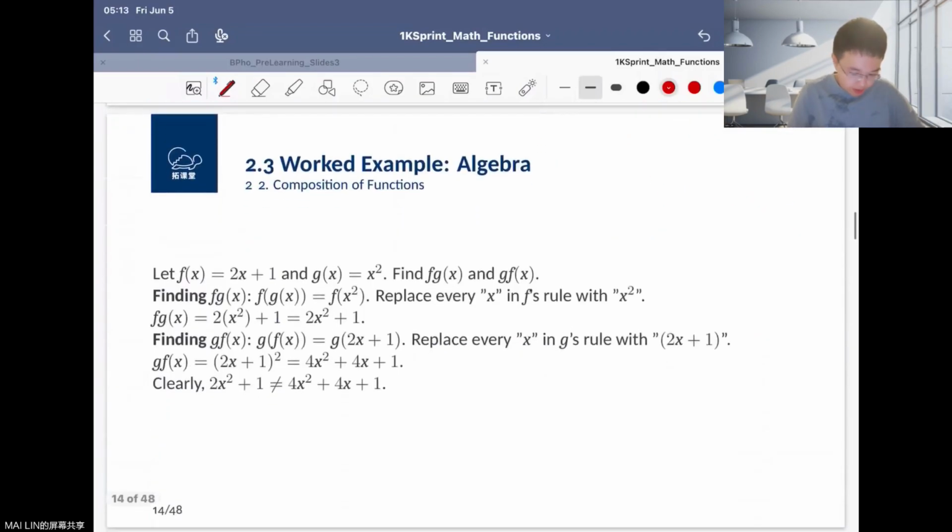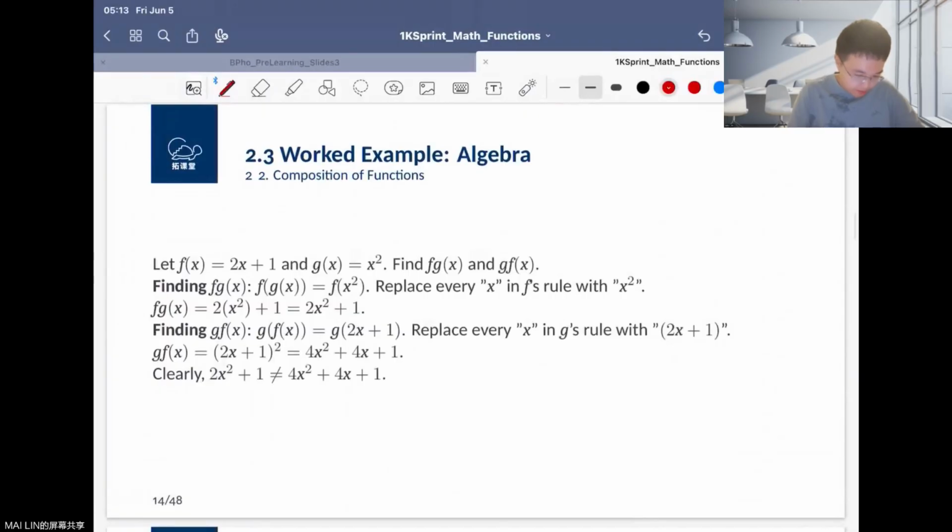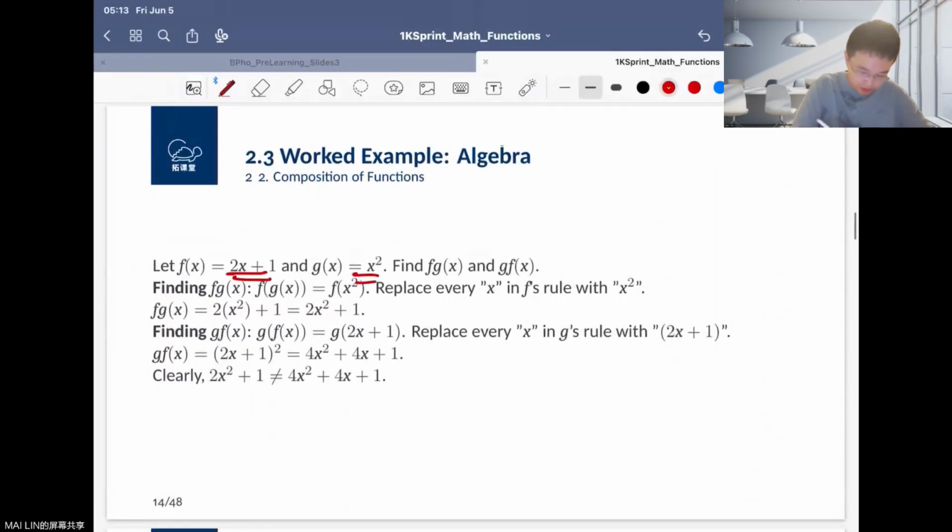So here's a worked example for you. Let f(x) = 2x + 1 and g(x) = x², and find f(g(x)) and g(f(x)), okay? Now we can put the values in. First, f(g(x)) means 2 times x² plus 1, right? First the inside is g(x), so we consider 2 times x² and then plus 1, okay?